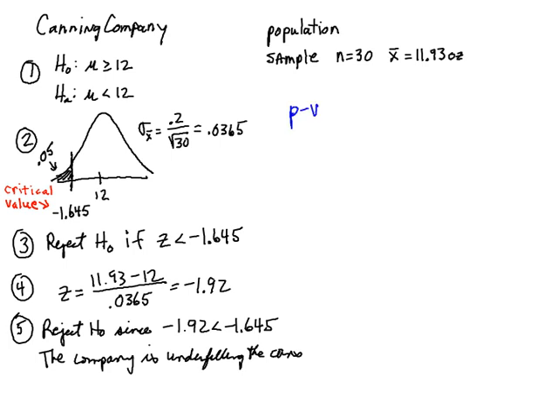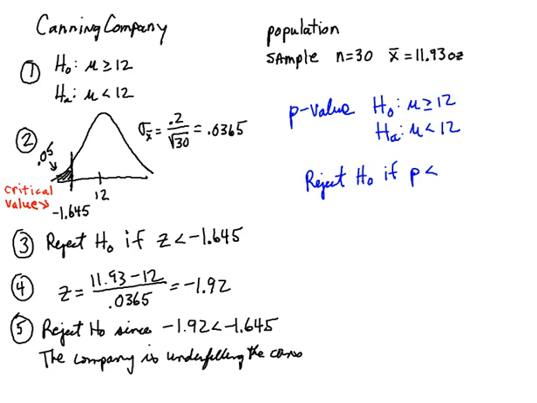Okay, running the test using a p-value, I would set up the null and alternative hypotheses as we did before. And then my rejection rule would be reject H sub 0 if p is less than 0.05.